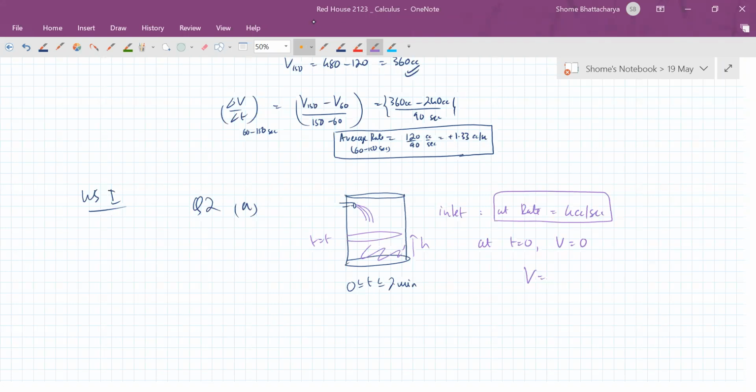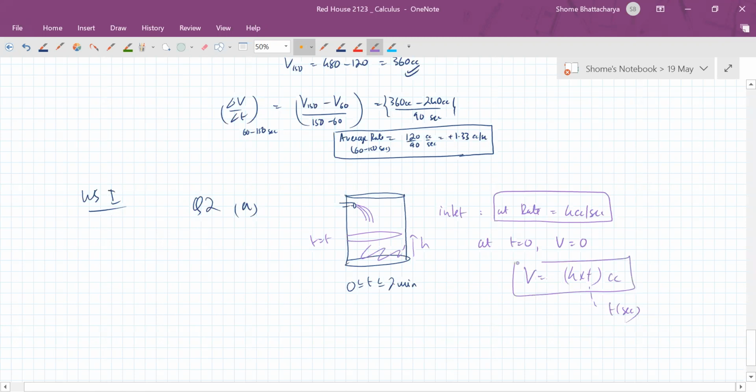You understanding this, Srijita? That water is coming in at the rate of 4 cubic centimeters every second. So just use the unitary method. In 1 second, 4 cubic centimeters is coming. So in t seconds, how much will come? 4 into t cubic centimeters, where t is in seconds. So this is the volume at any point of time.